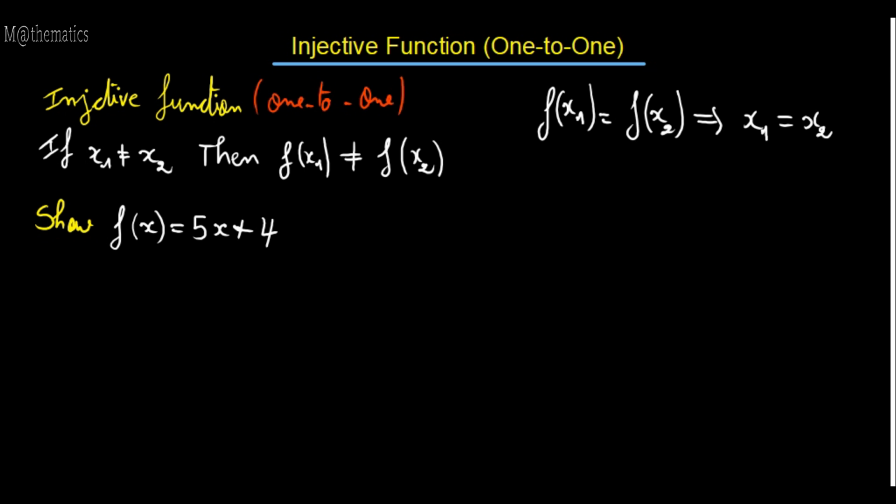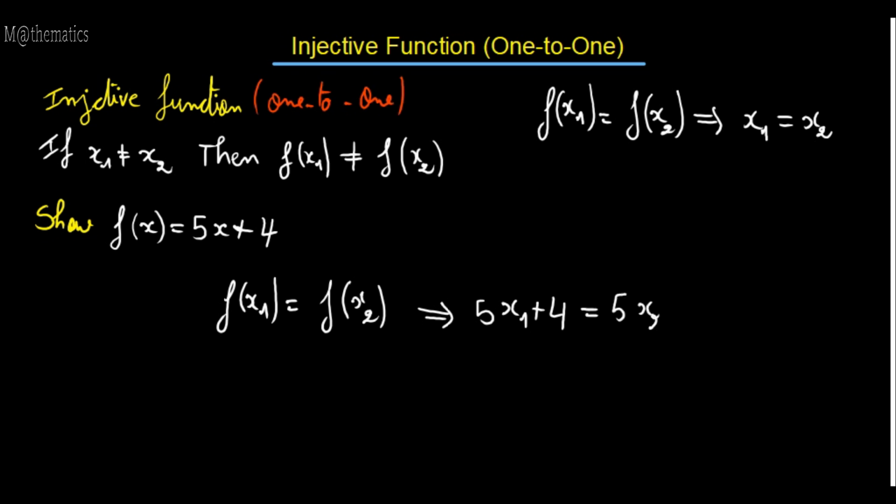Let's assume f of x1 is equal to f of x2. So what do those functions look like for f of x1? We are going to get 5x1 plus 4 is equal to 5x2 plus 4.